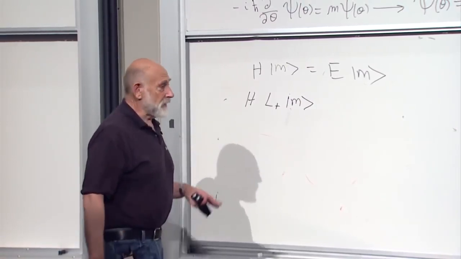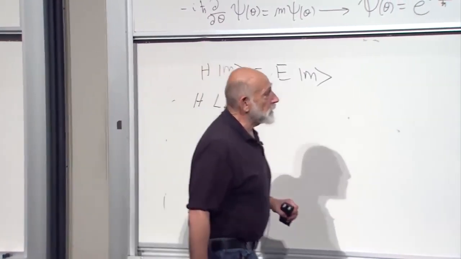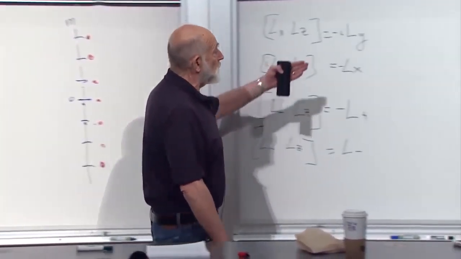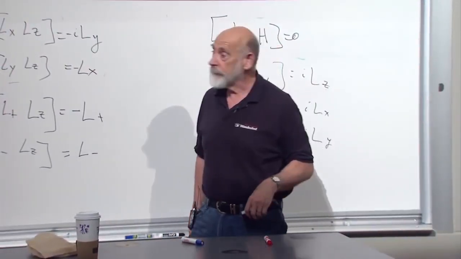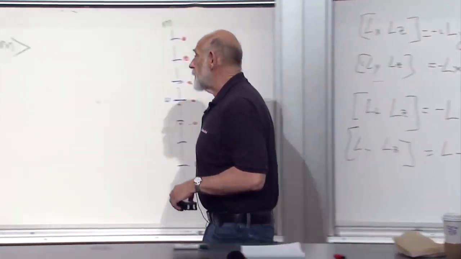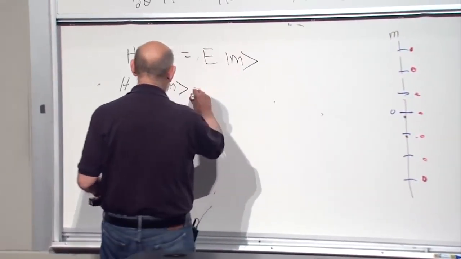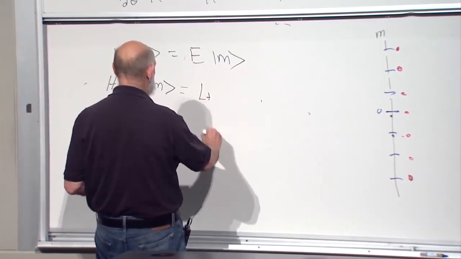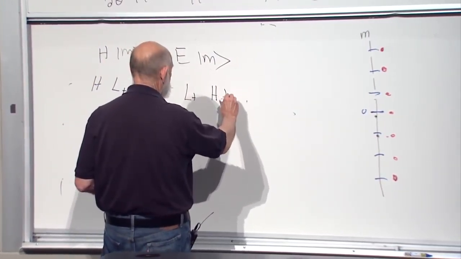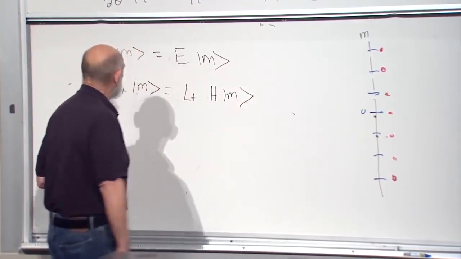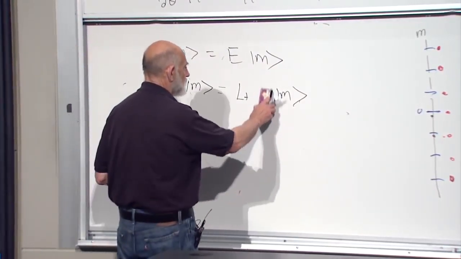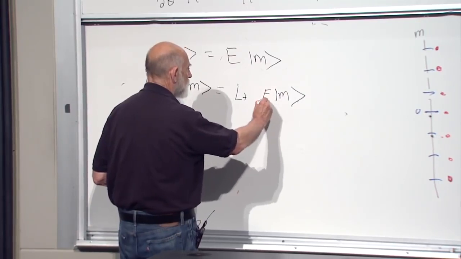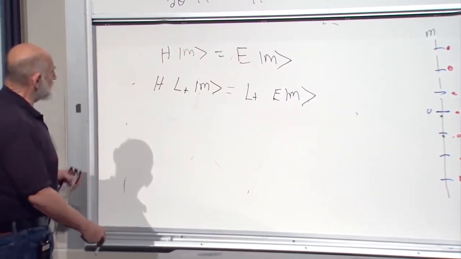But it's assumed that the Hamiltonian commutes with all the components of the angular momentum. So that means we can write that this is the same as L plus H times M. But H times M is just E times M. What does this equation say?